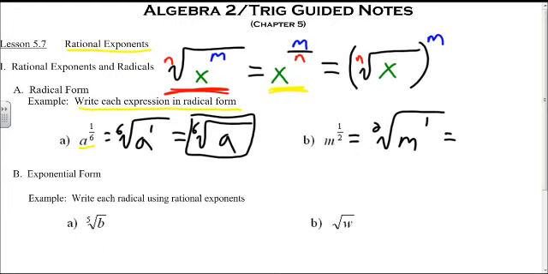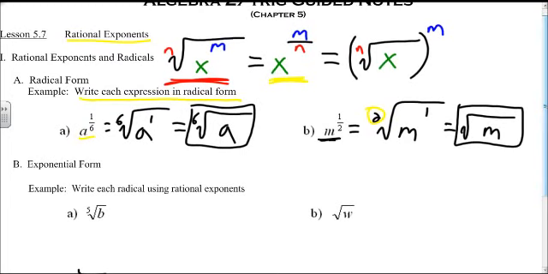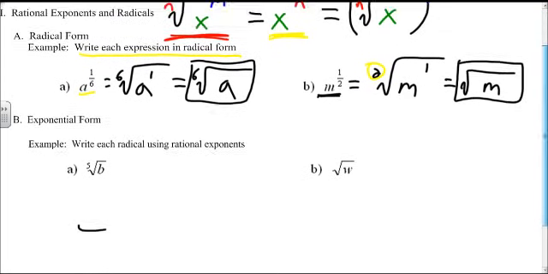Now in this case, that 2 index, remember, just means that it's a square root, and that 1 power we don't need to include. So this one just becomes the square root of m. So anytime that you have anything to 1/2 power, it's the square root of that number.